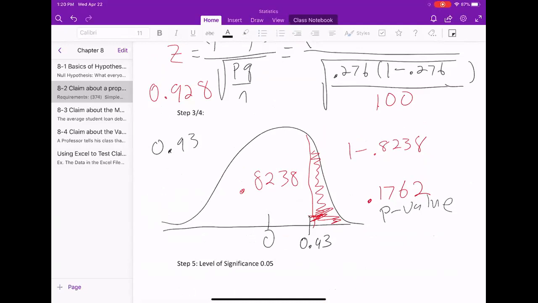Anyone else getting 0.8238 from the table? Yes, I just read it wrong initially. So then we do 1 minus because we're coloring to the right, and we get 0.1762.